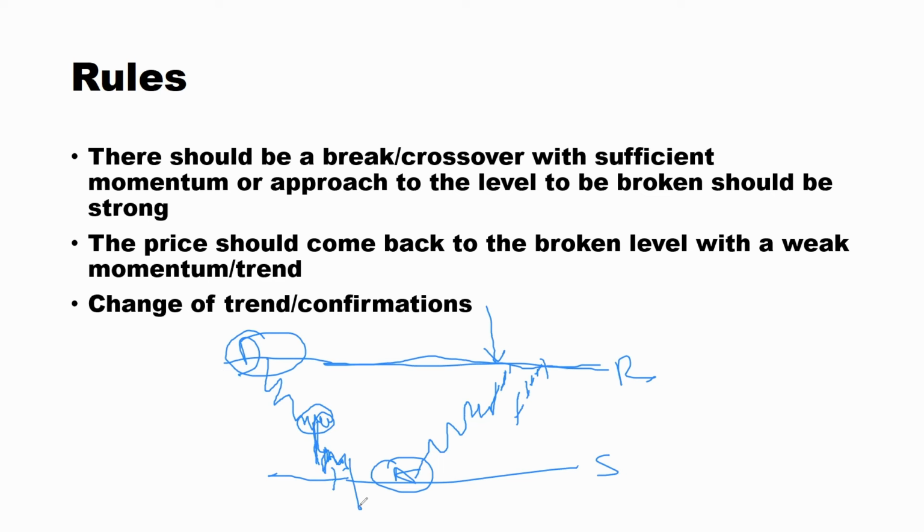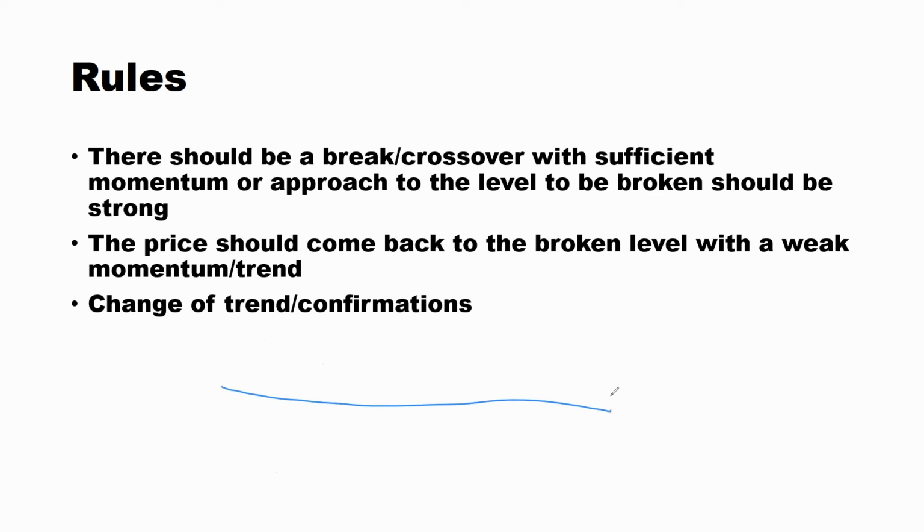There should be a break or crossover with sufficient momentum when it is approaching that level. Either it can be resistance or it can be support. Are we together? That is the first rule: there should be a break. But how do you know that there's going to be a break? If this is your resistance, for example, the momentum approaching this level should be strong. And then we need to see a crossover.